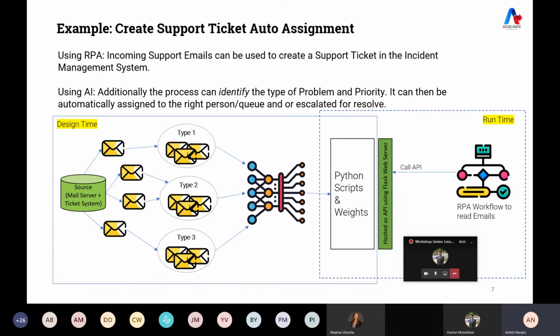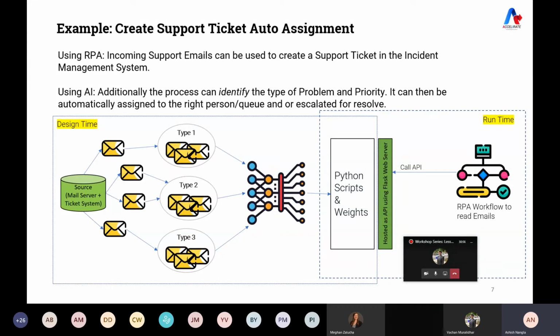Once those are identified, you can identify who's the right person or the right queue to resolve this, and that is what it is then used to route to.